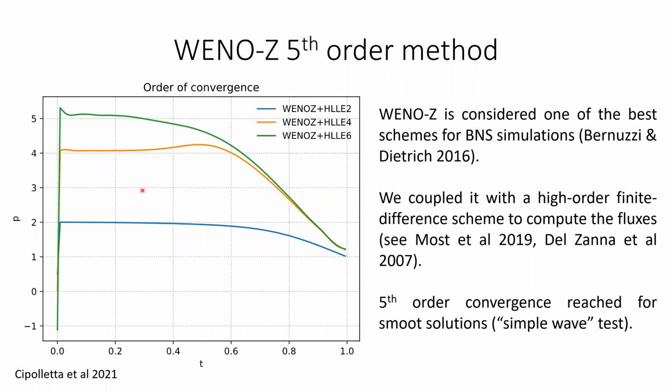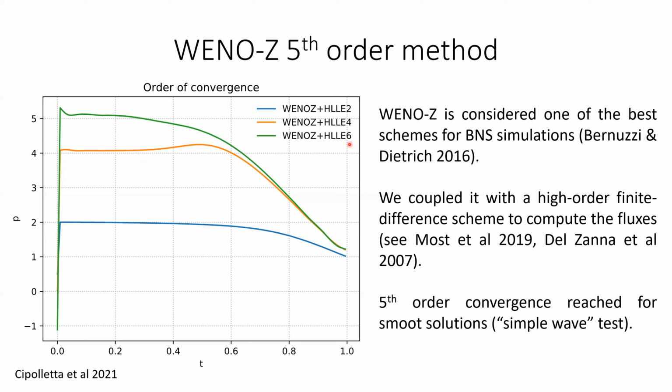The different lines have different methods. In particular, they're all using WENO-Z for the reconstruction, but different orders for the computation of the fluxes. For example, in the blue line, you have WENO-Z plus a standard second order HLLE for computing the fluxes. In this case, the order of convergence is limited by the computation of the fluxes. Then when you use a fourth order HLLE, you go to fourth order.